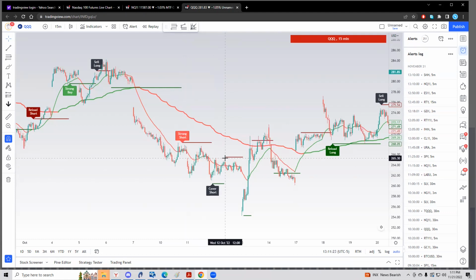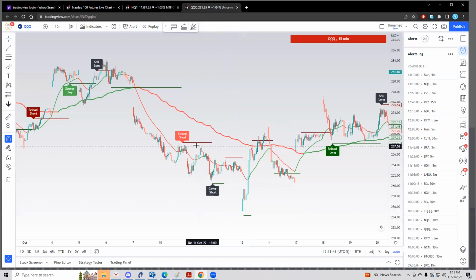We got another pullback, another resistance, another lower high, and another drop. And consider the cover short setup here as the bottom of wave 3, if you understand the wave principle, then the pullback that follows is wave 4 and another push down in wave 5.